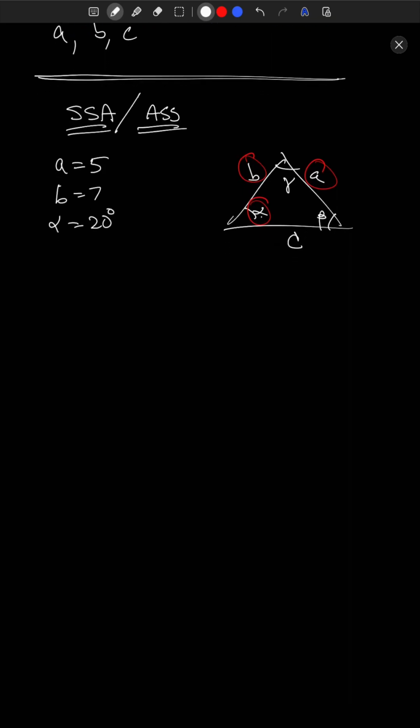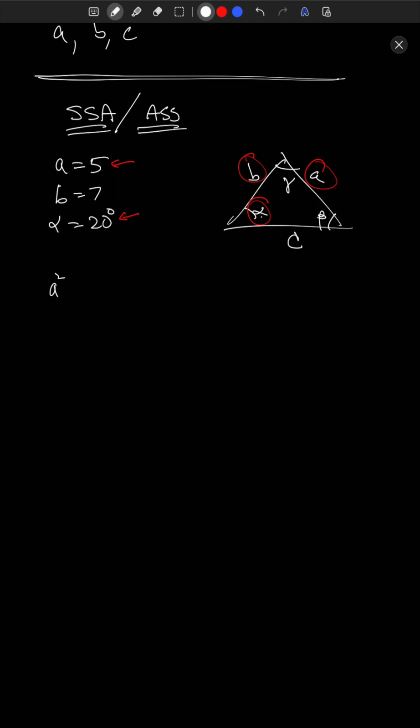All right, in any case, let me use the law of cosines. And my thought here is that I know A and I know alpha. So if I use the law of cosines based on A, then cosine alpha is going to be known. I don't have to worry about it, right?